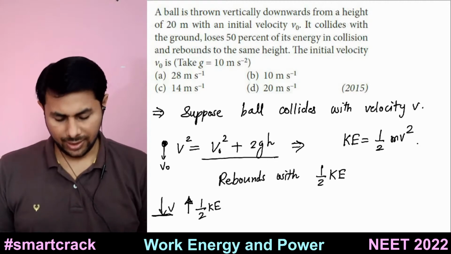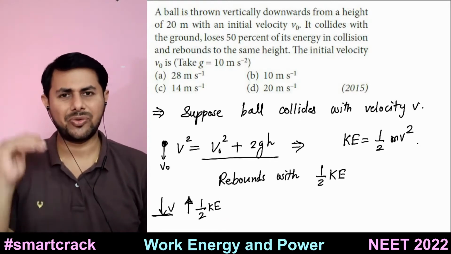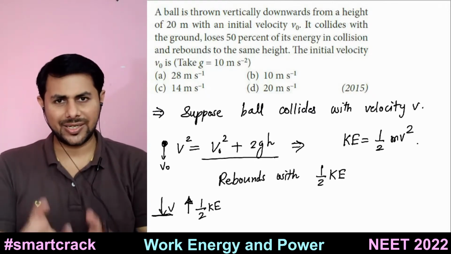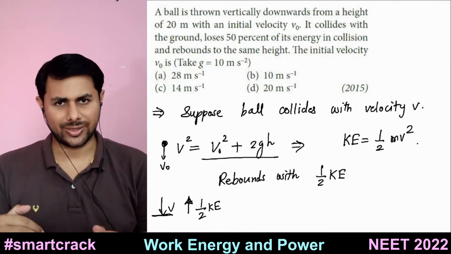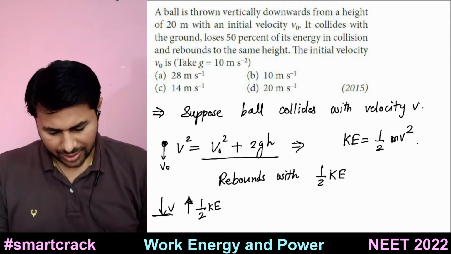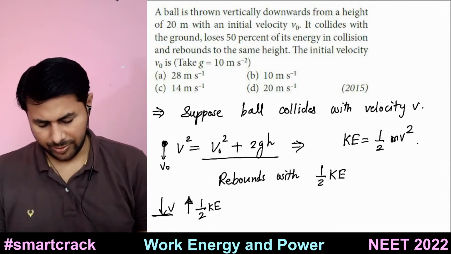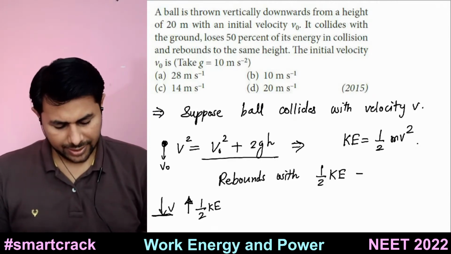So what we can say, the kinetic energy at the ground is equal to the potential energy at top, right? How much is the kinetic energy with which it rebounds? It's half of the kinetic energy with which it falls. So this half of kinetic energy at the ground will be equal to the potential energy at height h, because it goes to that height. Some energy is lost. So how much kinetic energy is left to the ball? Half of the kinetic energy. That's its total energy at the ground when it rebounds. So that total energy will be equal to the potential energy at height h.